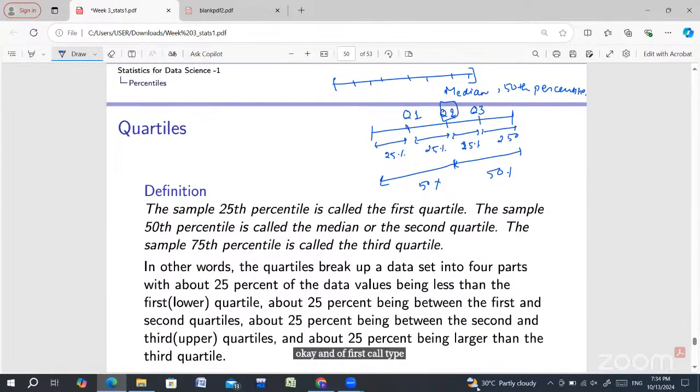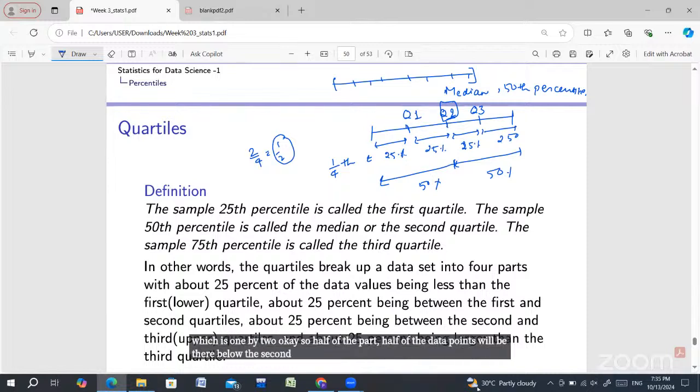Now the first quartile. Below the first quartile, 25% of the data will be there. 25 is one-fourth of the total. Below the second quartile, 2/4, which is 1/2, so half of the data points will be below the second quartile, which is the median.